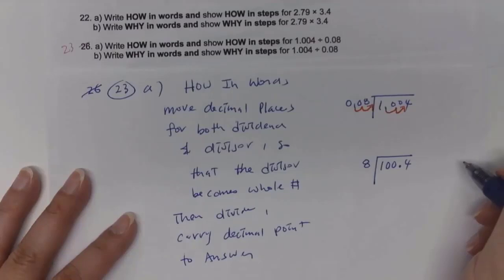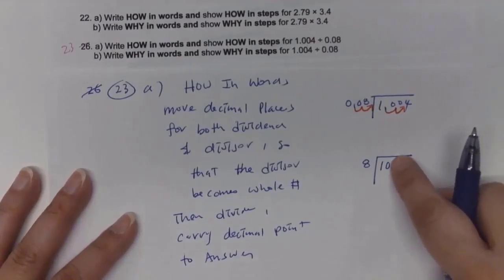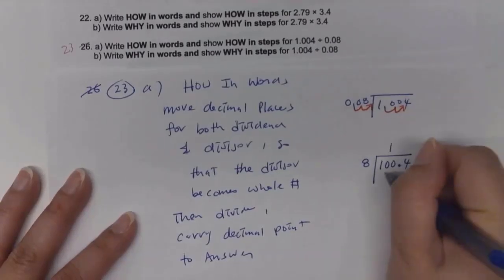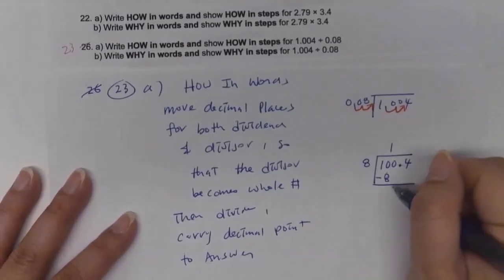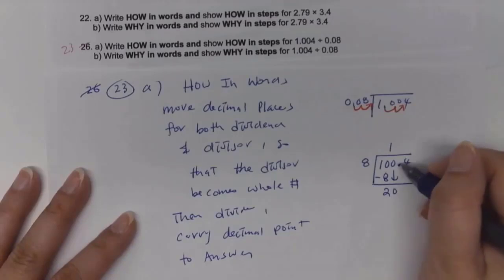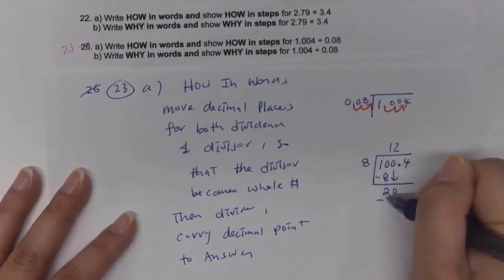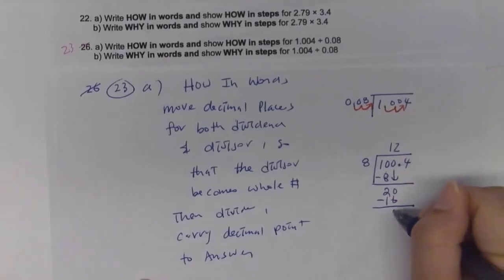We want to know how many times 8 goes in there. 8 cannot go into 1, so move to 10. 8 times 1 is 8. Subtract. We got a 2 here. Bring down the 0. 8 goes into 20 two times, so this is lined up with here. 2 times 8 is 16. That will give me a 4.